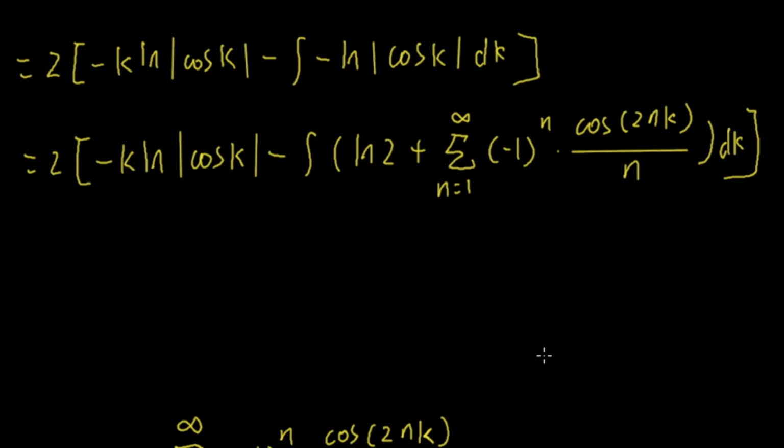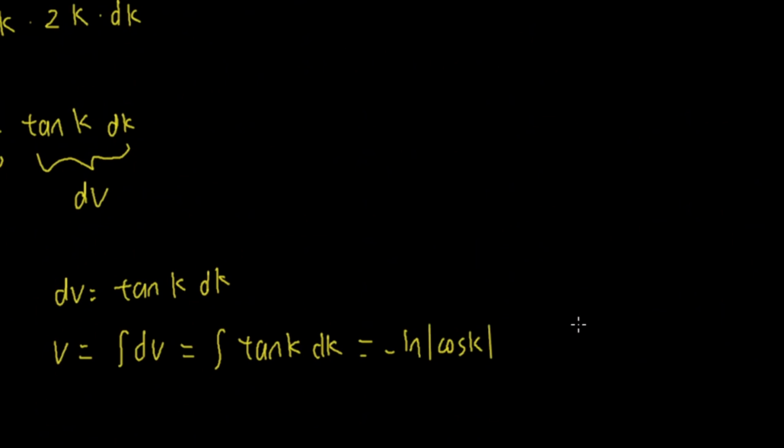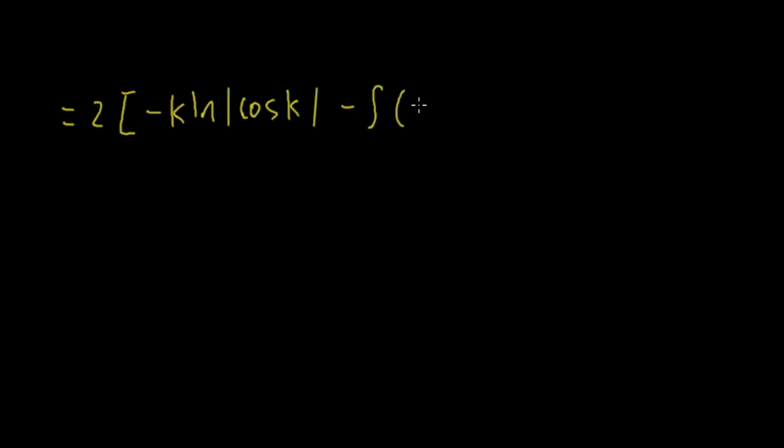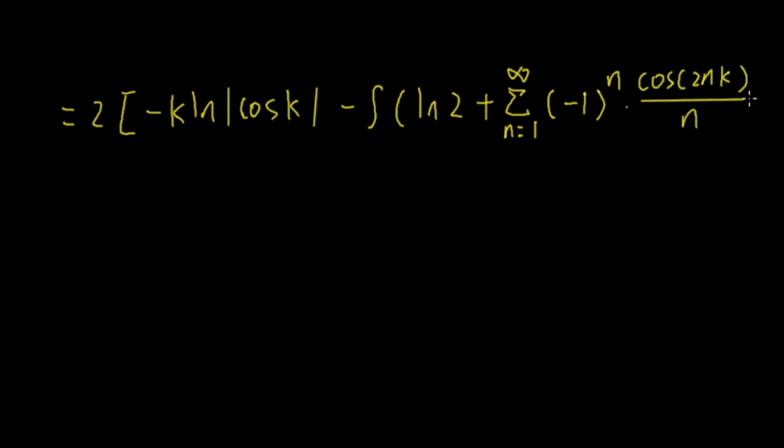Okay, now let me write it here so that I have more space. Equals 2 times negative k ln of cosine k minus the integral of ln 2 plus the sum of n equals 1 to infinity negative 1 to the power of n times cosine 2nk all over n, dk.